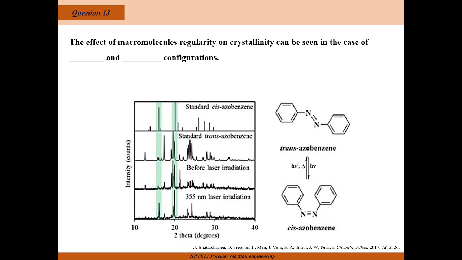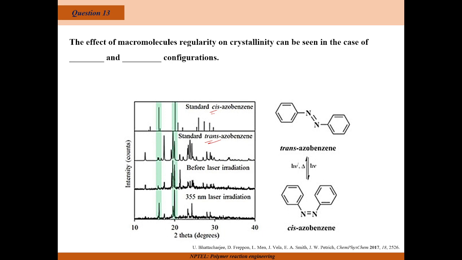So basically, not for all, but there are molecules that show crystallinity in both their cis and trans forms. You can see this from the XRD pattern. We can see sharp peaks which correspond to those of crystals.